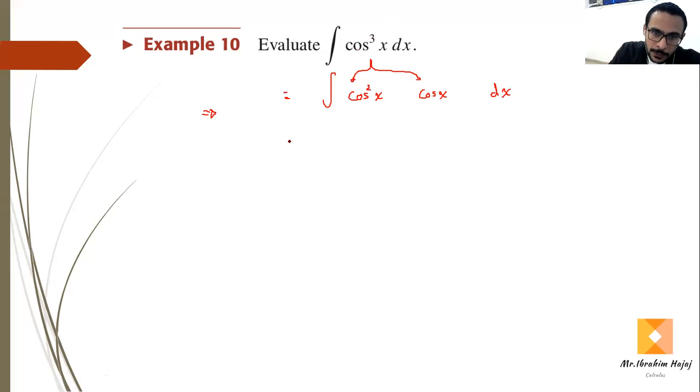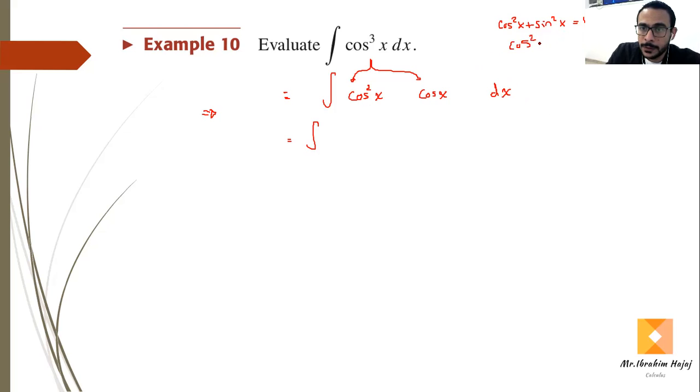Then the cosine squared, replace it by the identity. We know the identity cosine squared x plus sine squared x equals 1, the famous Pythagorean identity. It's like x squared plus y squared equals 1 for the unit circle. So 1 minus sine squared, now we keep sine, off the cosine.